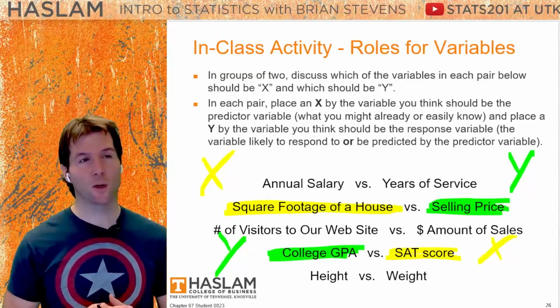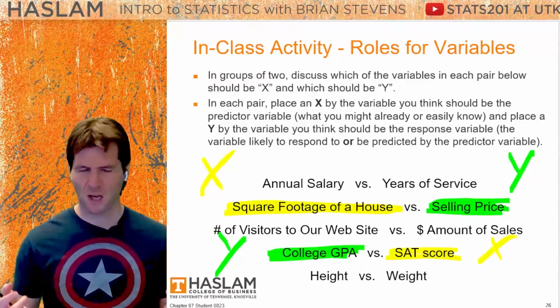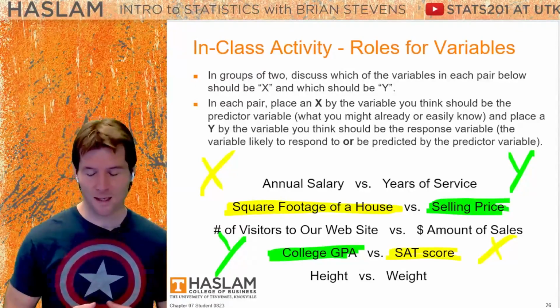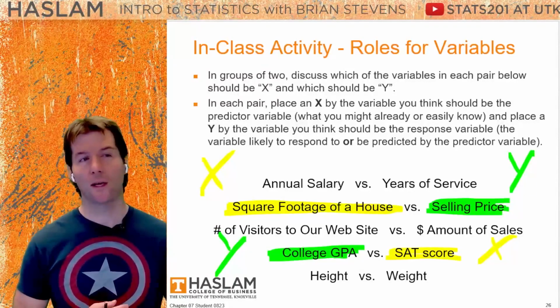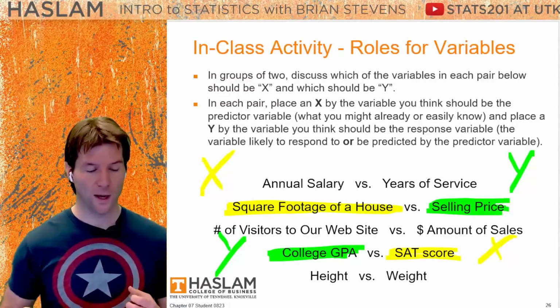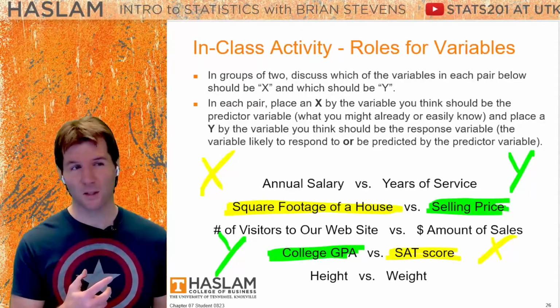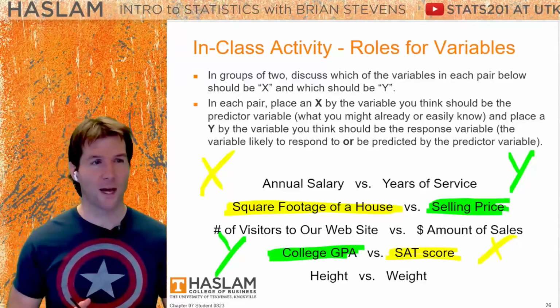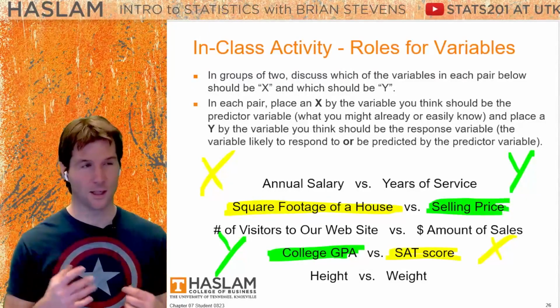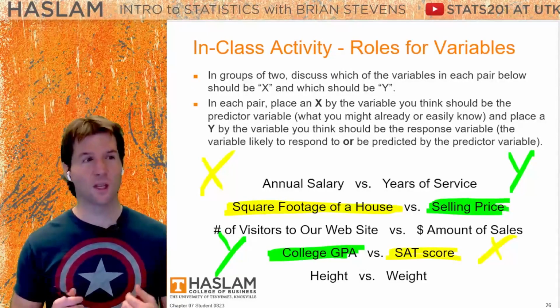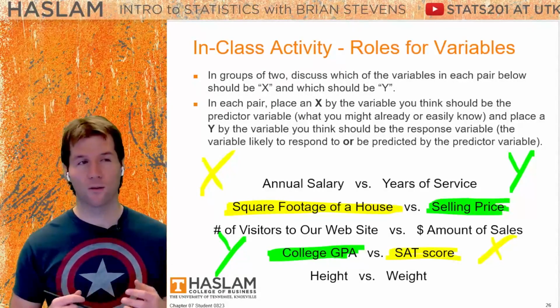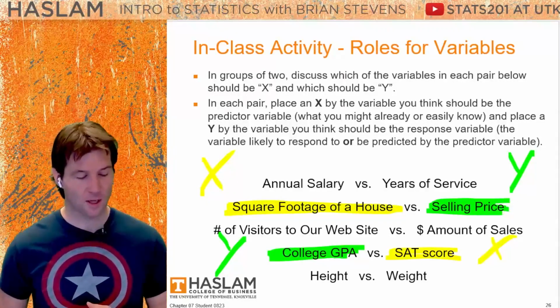Sometimes people also call the Y the dependent variable, and the X the independent variable. I'm not a fan of those words because they're a little mathy. That comes from the equation on how values of X solve for values of Y, like the value of Y depends on what X is. That's more mathematical than the statistical lingo we use, where we say, what is the explanatory variable, and what is the Y variable of interest, the response variable that we're going to talk about?